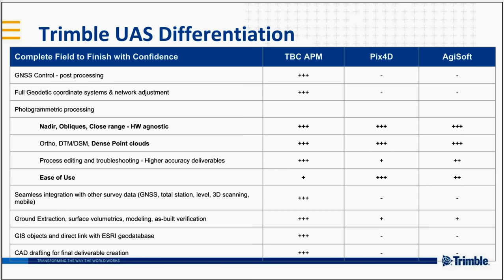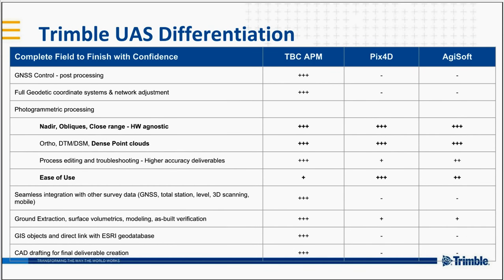So you have a full capability in a single software environment where you can process your GNSS static information and use that as ground control, and your coordinate systems in TBC transfer over to the UAS Master and vice versa.